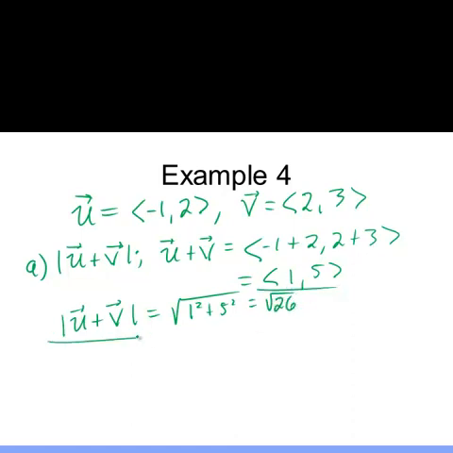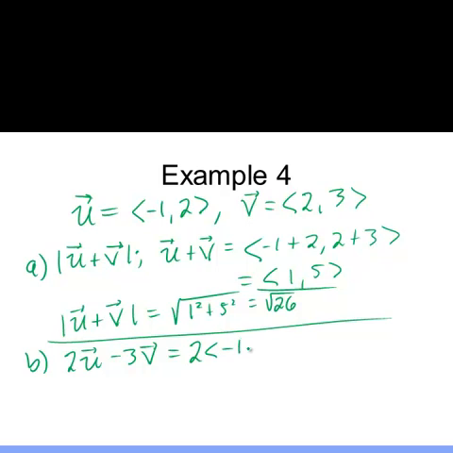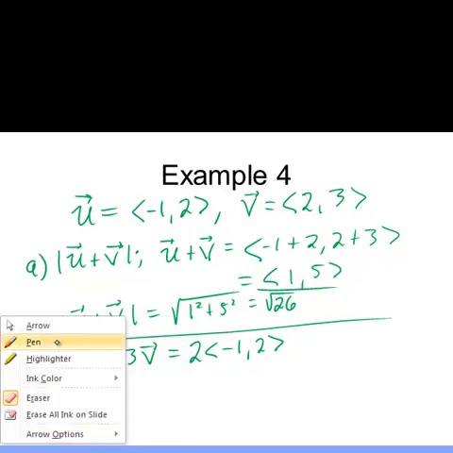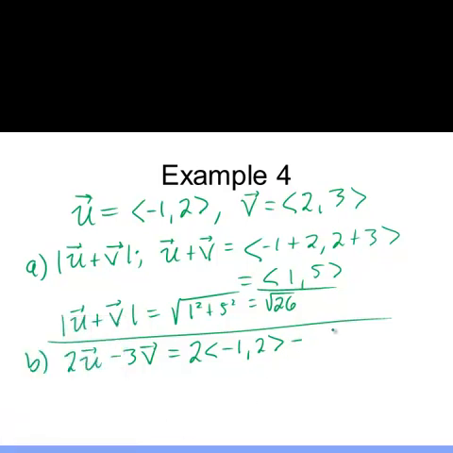Okay. For part B, they want us to simplify 2u minus 3v. Well, look, 2u is 2 times negative 1, comma 2, and we're going to subtract 3 times vector v. v is 2, comma 3.